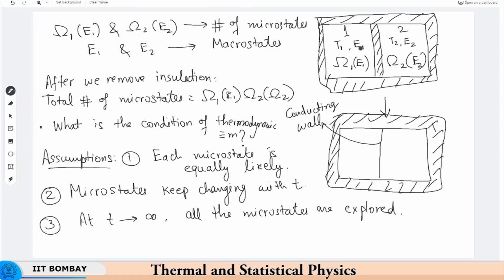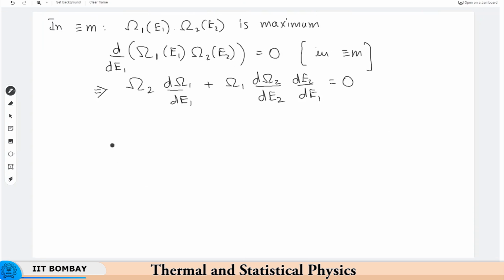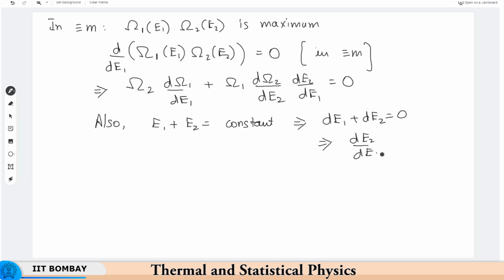So, what I mean is, the sum of E1 and E2 does not change, because it is not exchanging heat with the surroundings. Also, E1 plus E2 remains constant, which simply implies that dE1 plus dE2 equals 0, or in other words, dE2 by dE1 is minus 1. All right.